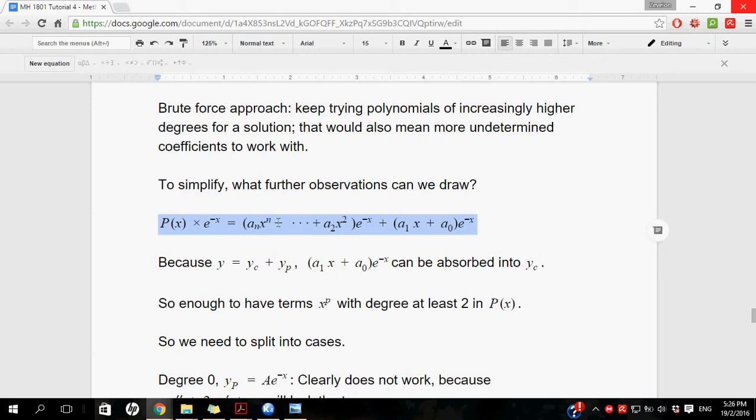Here will be all the terms up to the quadratic term, and this would correspond to the linear term. In our case, in fact for all of these equations, the general solution is yc plus yp. What is yc in this case?